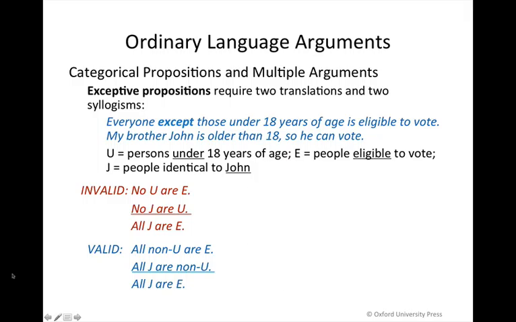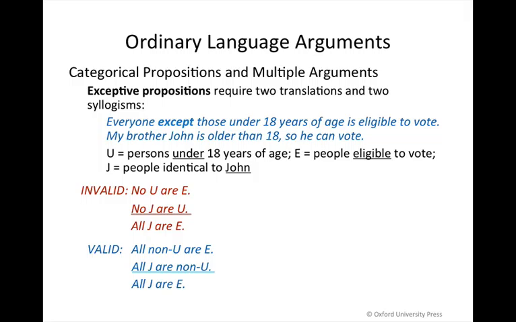Now, before we leave this page, I've gone ahead and erased what I wrote originally, and I want to say something about the complement and how we're going to deal with that when it comes to diagramming. If you cannot work some sort of obversion, conversion, or contraposition in order to reduce the negations, then what you'll do is have a class, in this case, that you label non-U, that is, persons not under the age of 18.